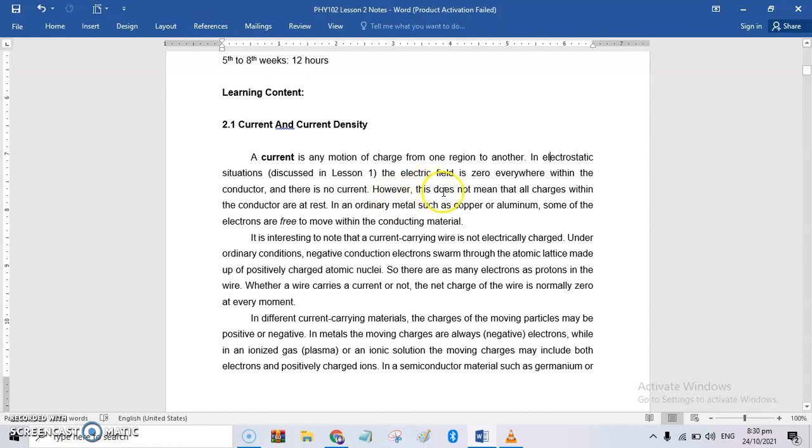However, this does not mean that all charges within the conductor are at rest. In an ordinary metal such as copper or aluminum, some of the electrons are free to move within the conducting materials.